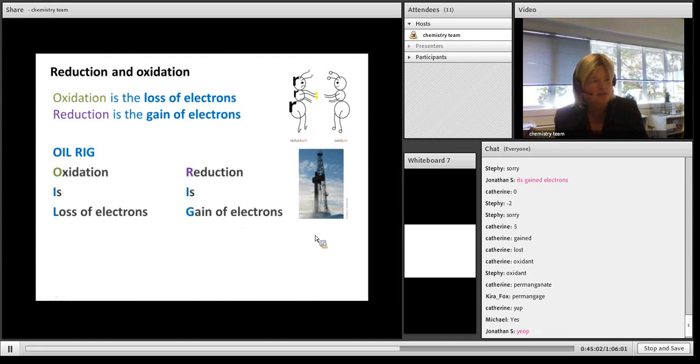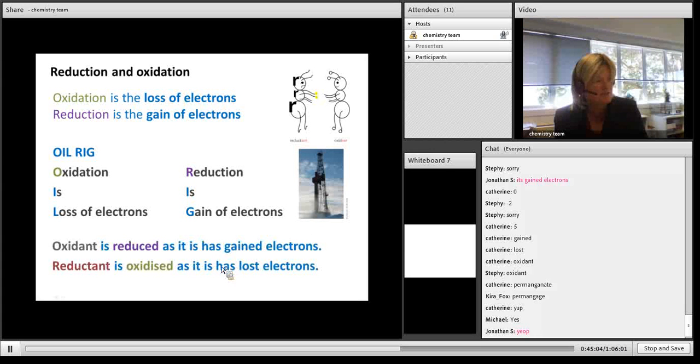So just to add some more words into the mix, an oxidant, that's that one over there, he gets the electrons. So he's being reduced. Doesn't mean he's getting smaller. It's just a chemistry term that they use. An oxidant is being reduced because it has gained electrons. So an oxidant is always in the reduction part of the reaction.